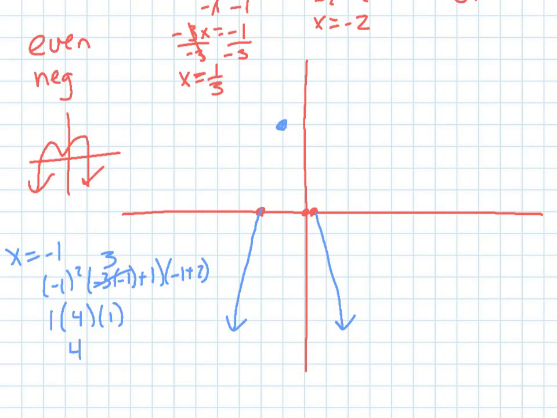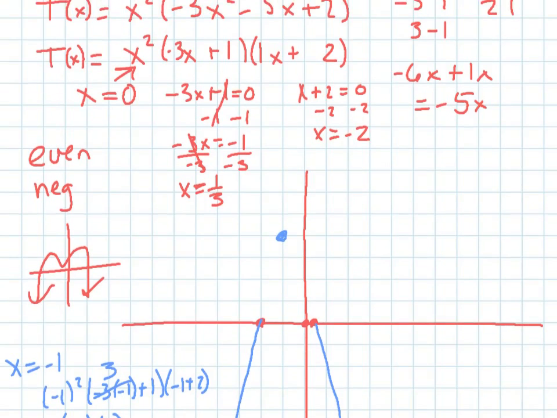But this one, I kind of want to talk about, because if you have a 0, and notice that it's x squared, okay, so there's actually two things there. There's an x equals 0 and another x equals 0 because of the square. So this is something that we'll talk about in the next video, but I just want to touch on it because it happens here. Something called multiplicity. So when you have 2 or more of something, strange things happen to your graph and how they interact with the x-intercepts.